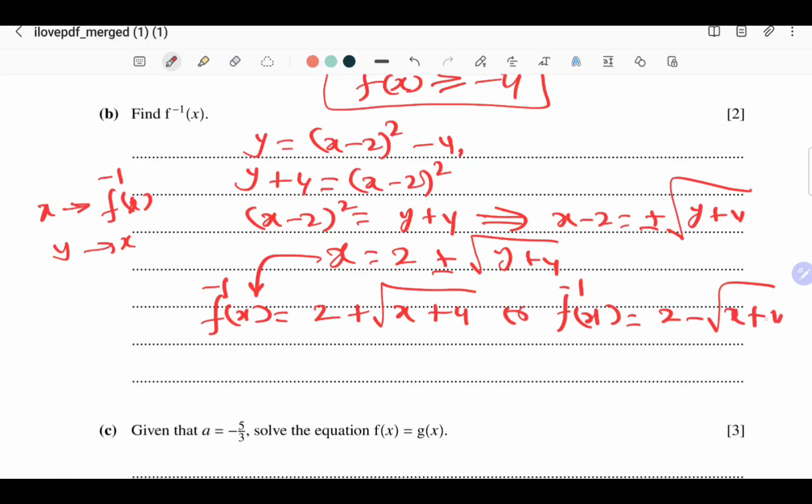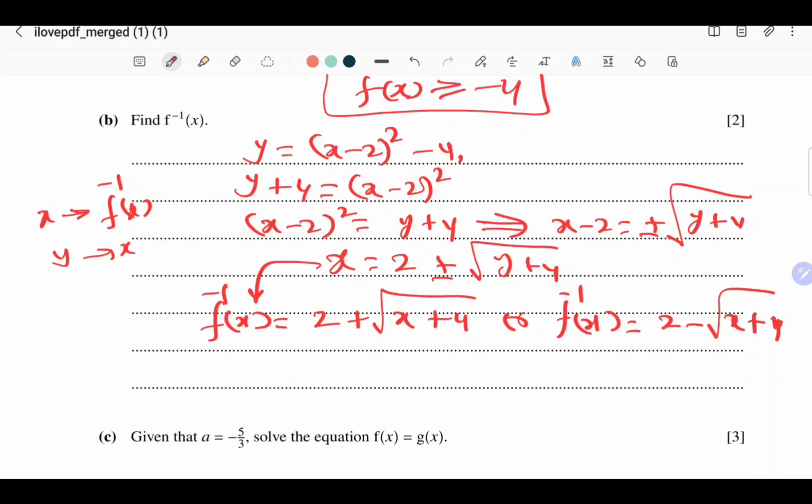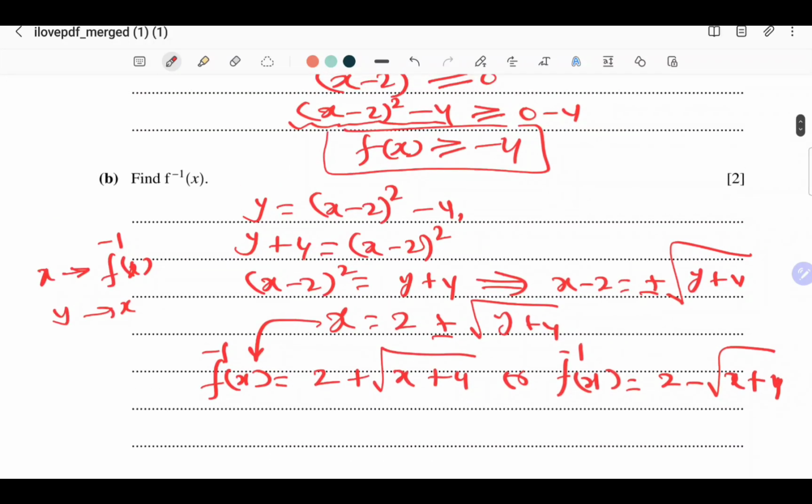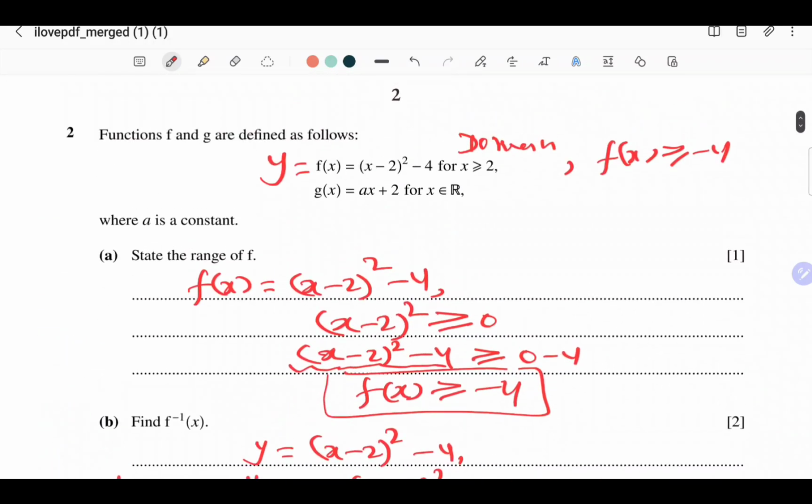But the interesting part is we have to select one of them. Now which one do we select? Let's check over here. We know that the domain of the function will be the range of the inverse, and the range of the function will be the domain of f inverse, right?